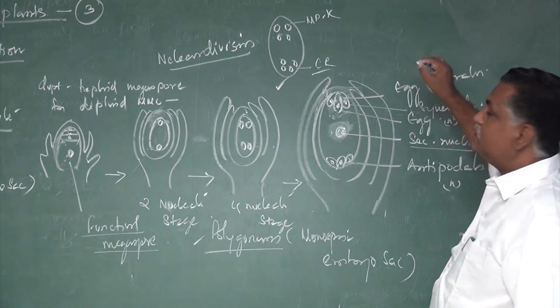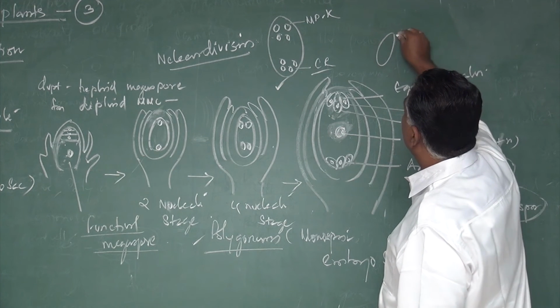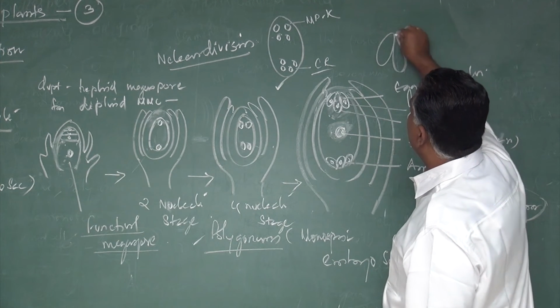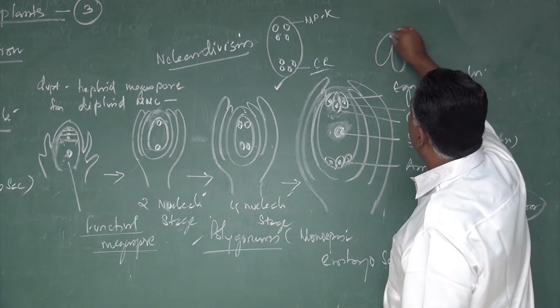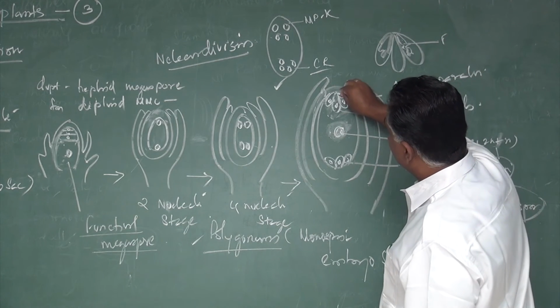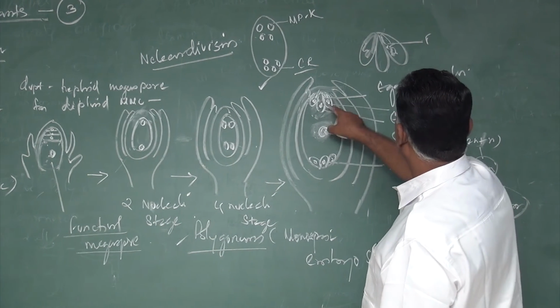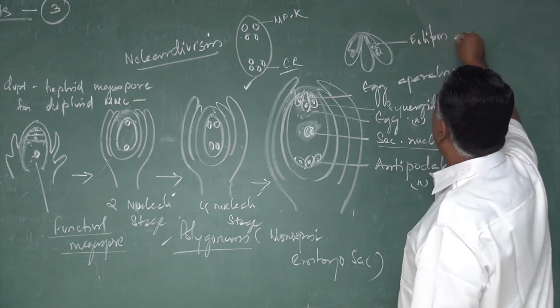What is the nature of synergids? These 2 are synergids. They have a filiform apparatus.